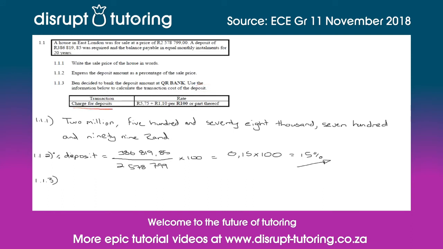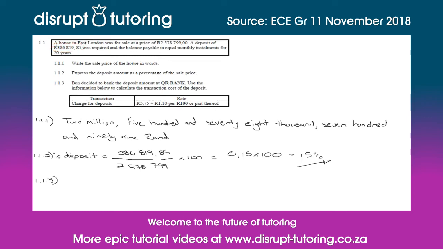So you can see the charge for deposits is R5.75 plus R1.10 for every 100 Rand or part thereof.